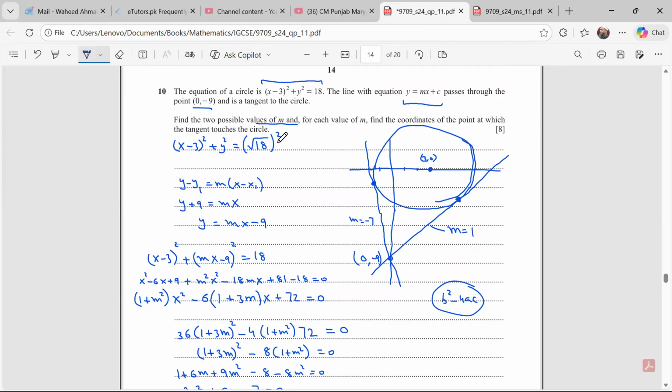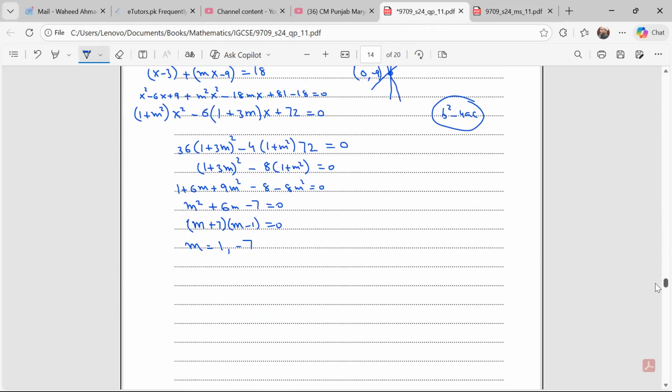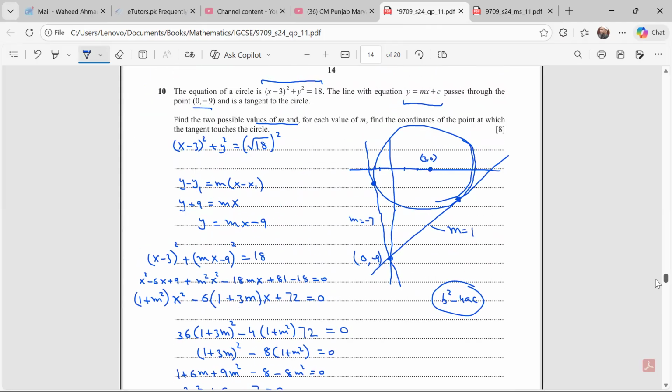Okay, so if m is equal to 1, what is the coordinate of this point? This one. Because this line corresponds to m equal to 1. So how can we find the coordinate of this point?